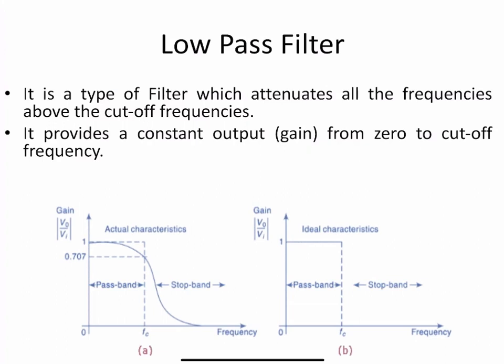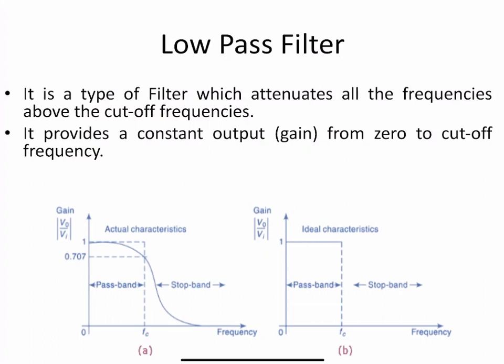This frequency response is for the ideal filter. In figure B you can see the response curve is for the ideal filter, means in the pass band the gain of the filter remains 1, remains unity. In the stop band it reduces to 0 after cutoff frequency, but practically it's difficult to achieve this type of curve.